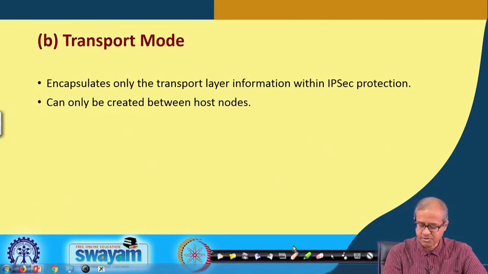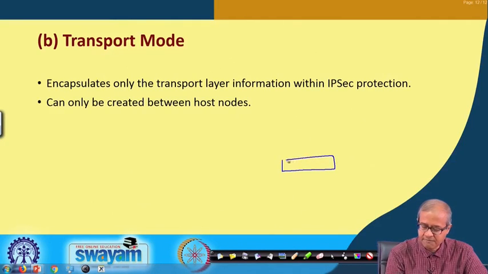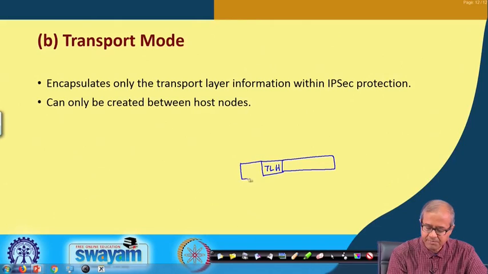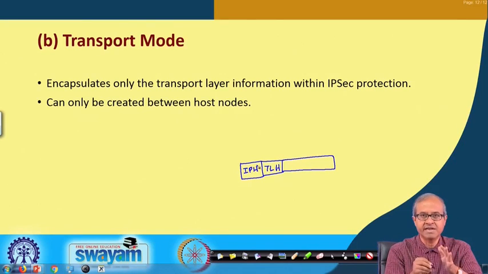Normally, with the data, first the transport layer header is appended, then the IP layer header, and when it goes to the physical layer, an Ethernet level header and trailer are appended.